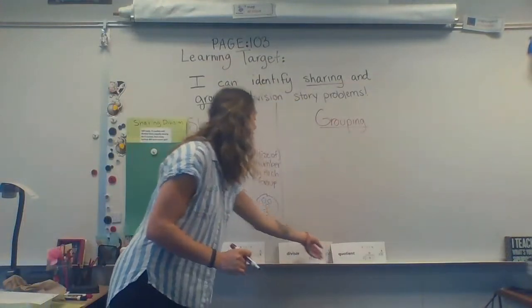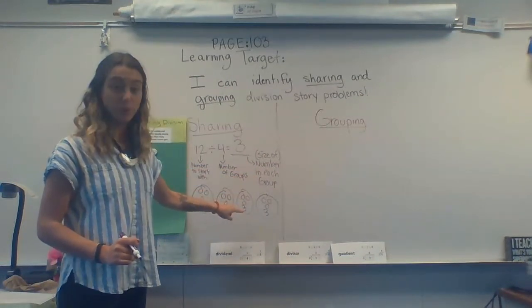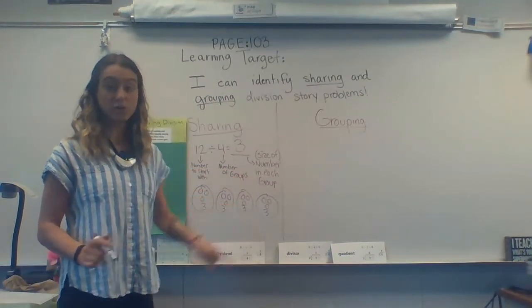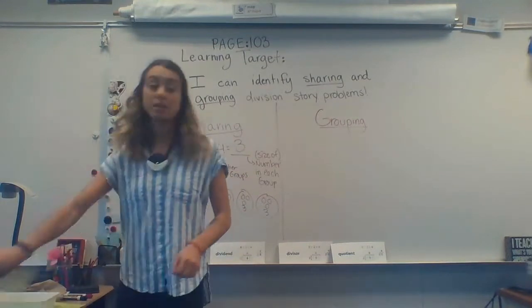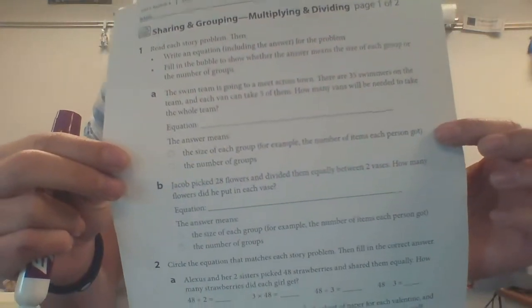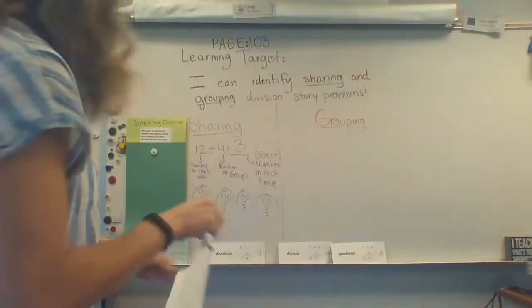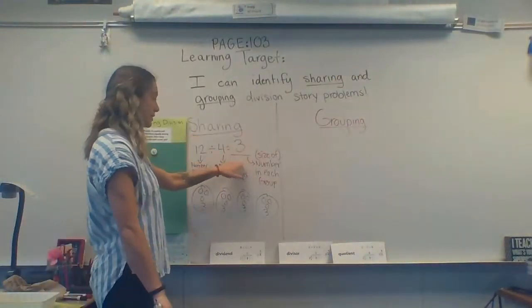So with sharing, your answer is always the number in each group or the size of each group. So if you look at your paper on page 103, there's a little bubble that says the size of each group, for example, the number of items each person got. That's always a sharing problem when that is the answer.